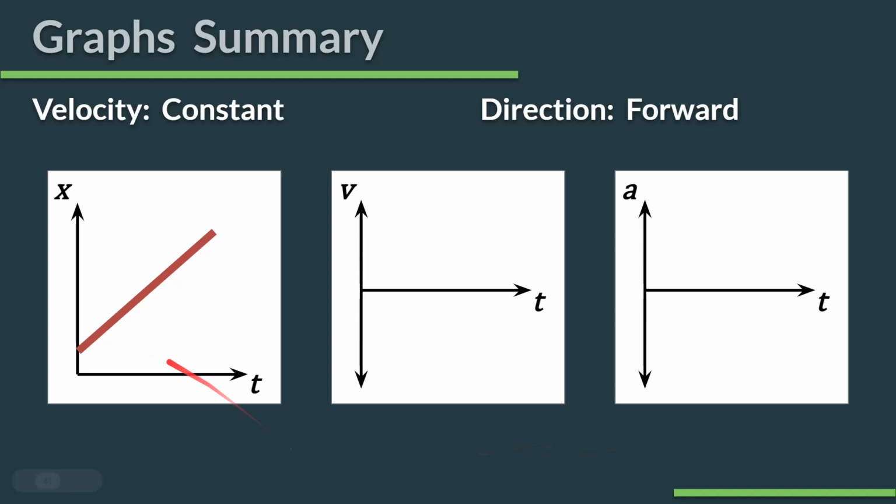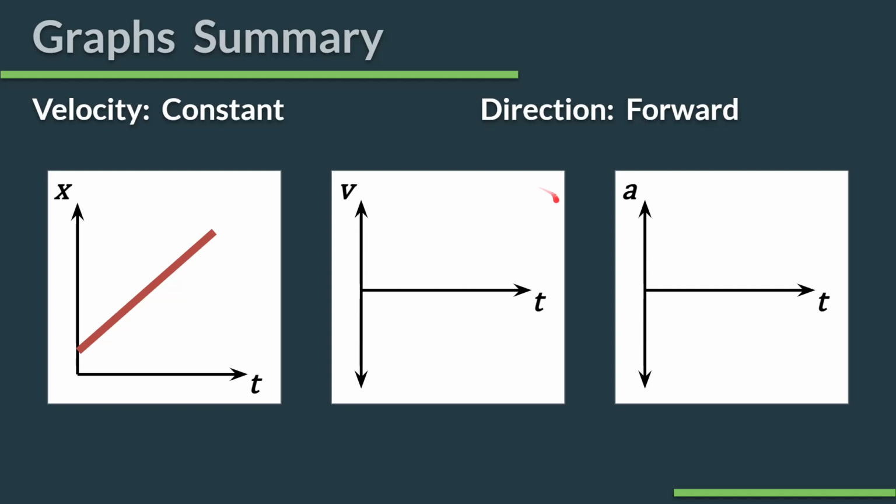Forward, positive slope. On a VT graph, again, you take the slope of this, it tells you your velocity. This is a positive slope. There are no numbers. I don't know what number it is. It might be positive 2, it might be positive 20, I don't know. But I do know that whatever this is, it's positive, and so when I plot it on my VT graph, it's going to go up here.